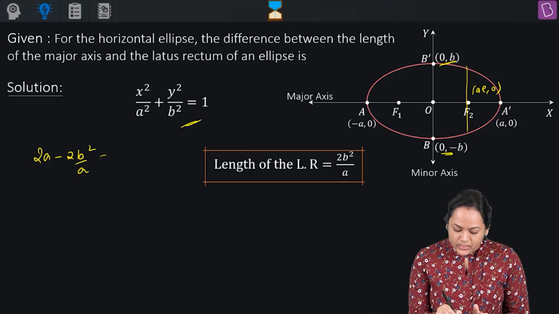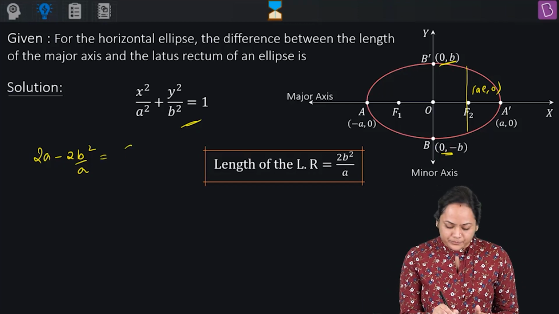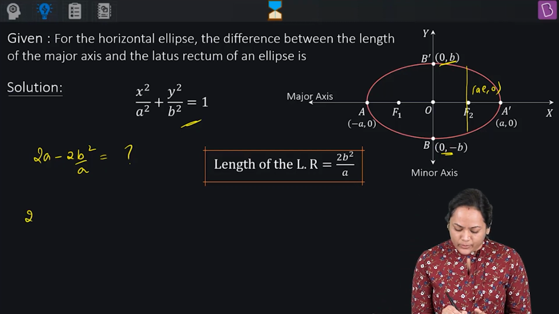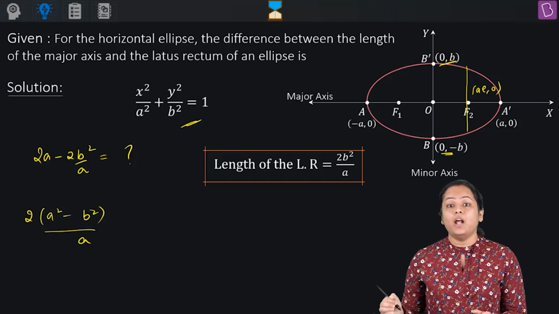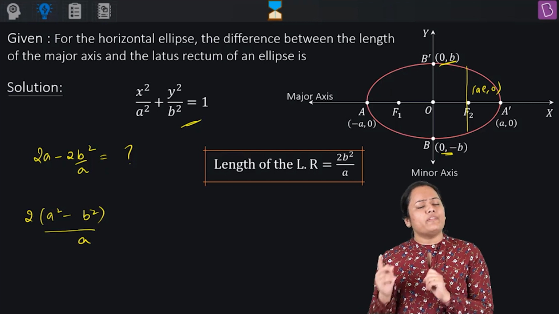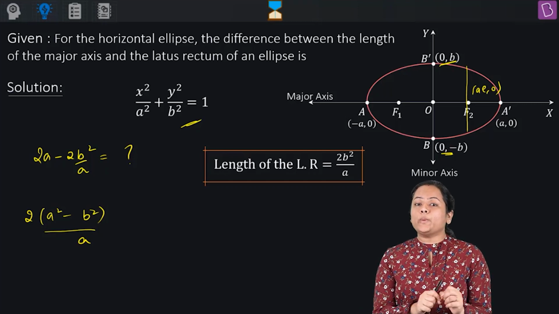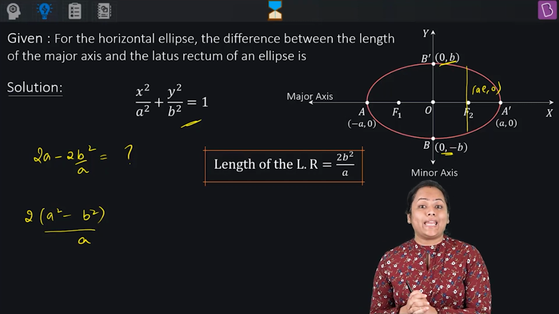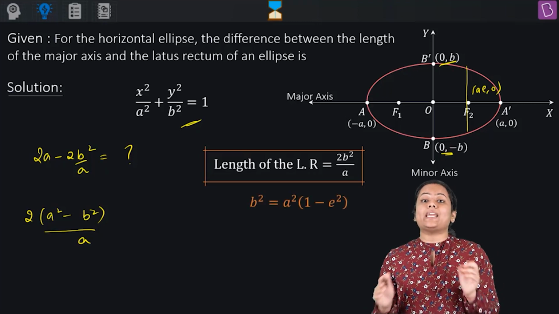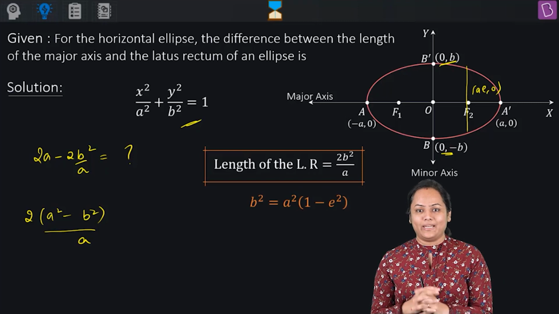Okay, very well. So how do we solve this? Well, let's take LCM here. So when I take the LCM, it's going to become 2 times (a square minus b square) divided by a. Now what? Well, now we'll apply one formula. Yes, we have already read a formula between a square, b square and a square e square. What is that? Well, we can say that b square is a square minus a square e square, isn't it?